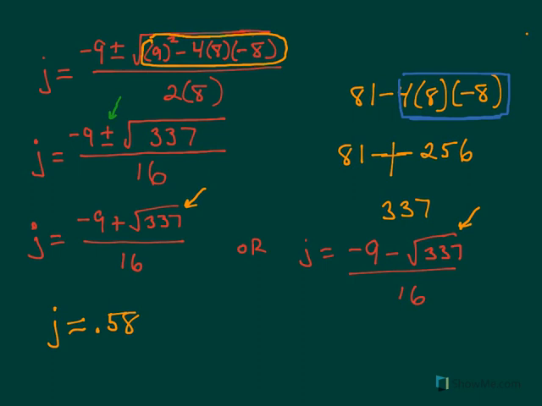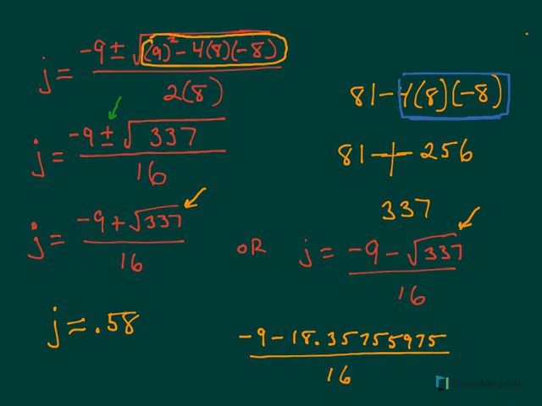So let's say I was using a calculator and it didn't follow order of operations, and you needed to work this out with a simpler calculator. So it's going to be negative 9 minus, and the square root of 337 is 18.35755975, and you're dividing that all by 16.